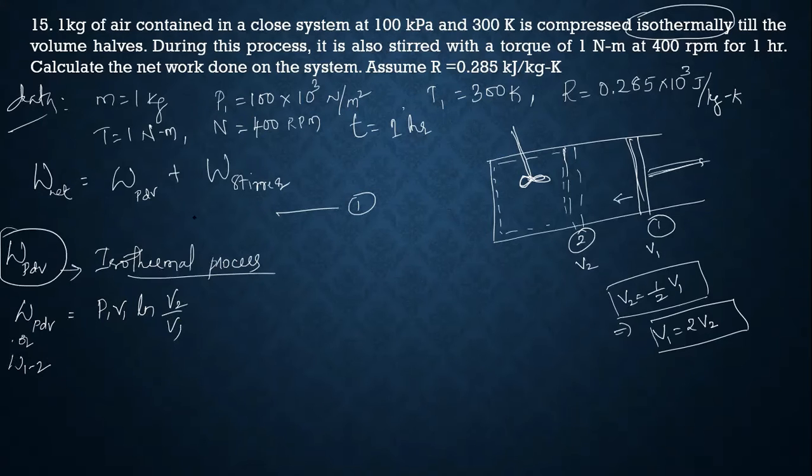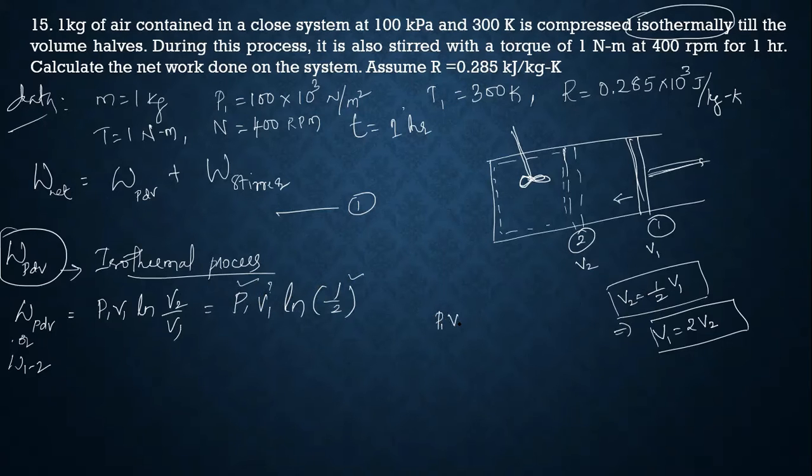You know P1, you don't know V1, and V2 by V1 ratio is given. That is P1 V1 ln V2 by V1, V2 by V1 is 1 by 2. That ratio is given. Therefore, this is known, this is known, this is the unknown term. Let us find that V1.